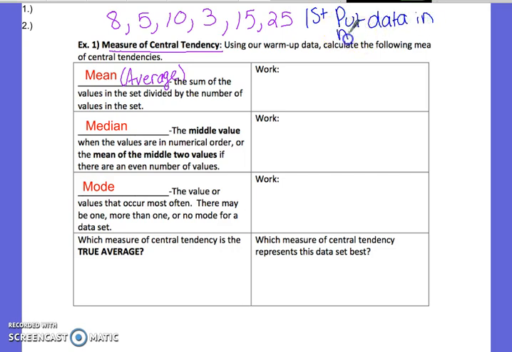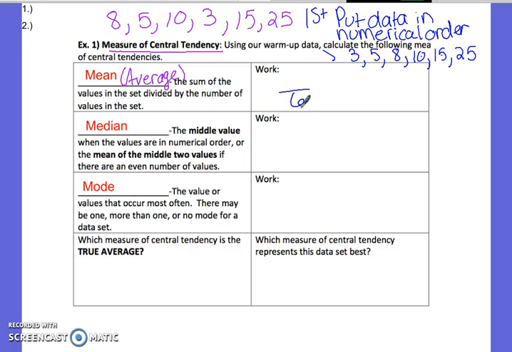Before you start anything, the first thing you must do is put the data in numerical order. So I'm going to start with 3, then 5, then 8, then 10, then 15, then all the way up at 25. So to find my mean, there's 1, 2, 3, 4, 5, 6. You must show divided by 6.